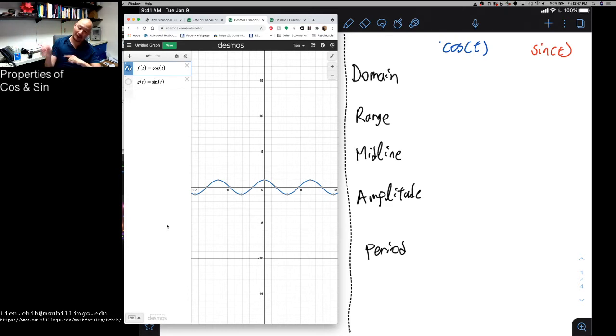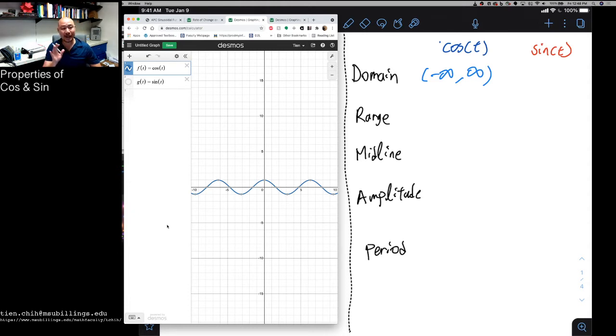And if you go counterclockwise, there's also no limit to how far forward or back you can go. And so the domain of cosine is minus infinity to infinity, or all real numbers, because you can go forward any distance you feel like, back any distance you feel like, and that's all fine.